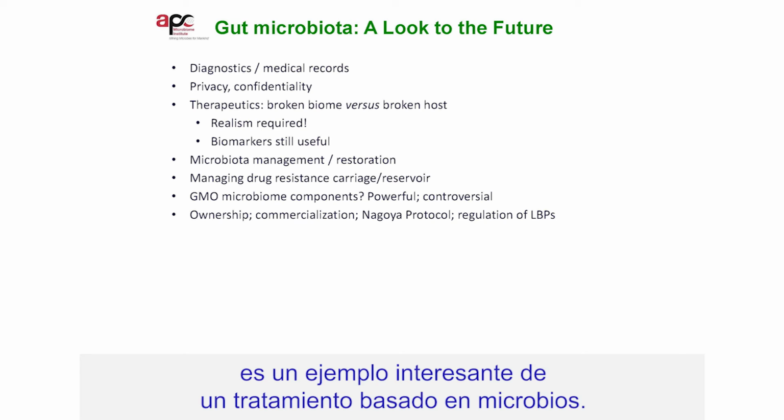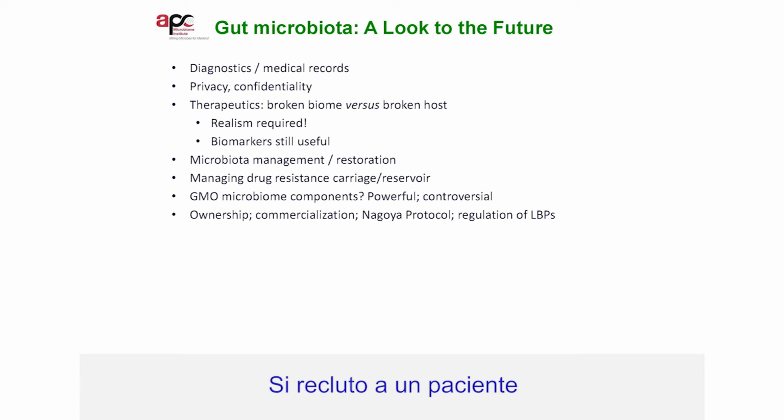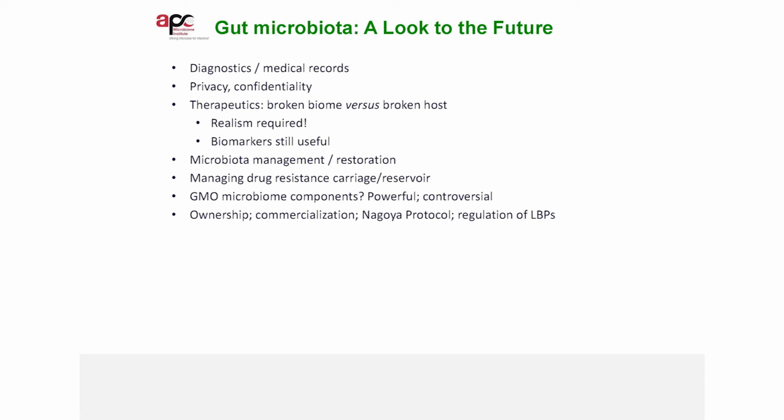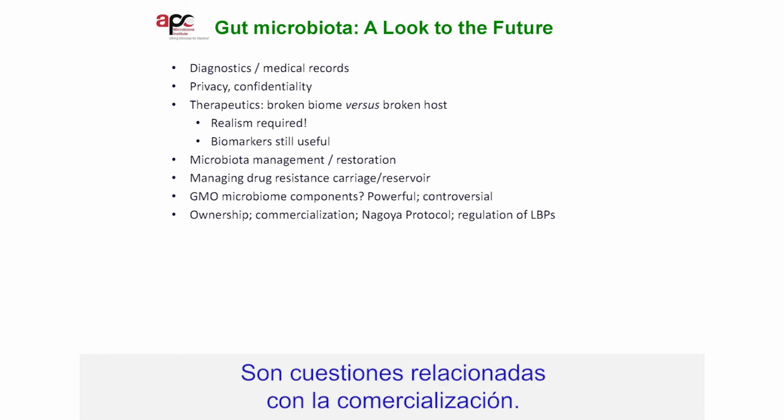We have to be cognizant of issues of ownership. If I recruit a patient, and if I isolate a strain from that patient which is clinically and commercially very useful, who owns it? It depends on the consent form which the patient signs. But these are issues for commercialization.